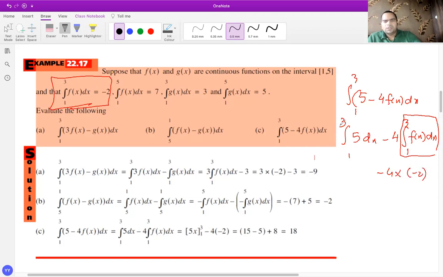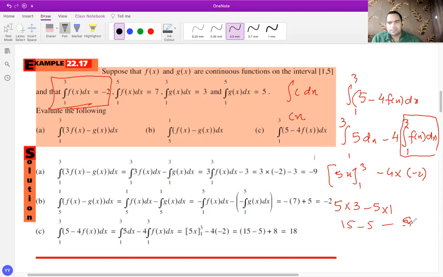And then the integral from 1 to 3 of 5 dx will be 5x from 1 to 3. Now you plug in x as 3 here, x as 1 here. So it'll be 5 times 3 minus 5 times 1. Remember that the integration of a constant, as I had told in the beginning, is c times x. So that's what I've written here. 5 threes are 15 minus 5, and minus negative becomes plus, so it'll become 8. So this is nothing but 10 plus 8, which is 18. So that's the answer for this particular example.